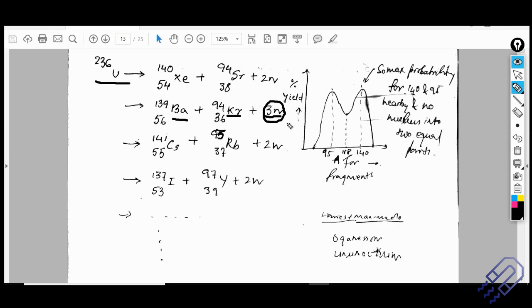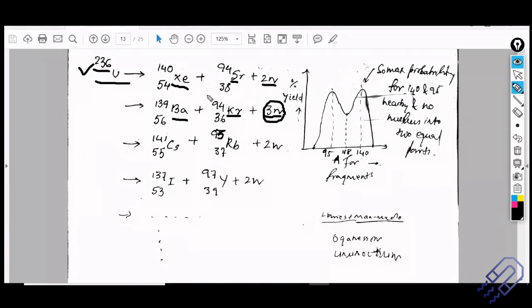But in the real picture, uranium 236 may break into two, and there might be any two elements. The probable elements in a nuclear fission reaction are mostly xenon and strontium. You see you have two neutrons here, not three.